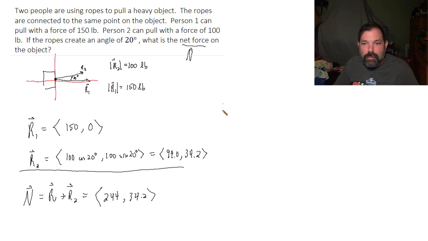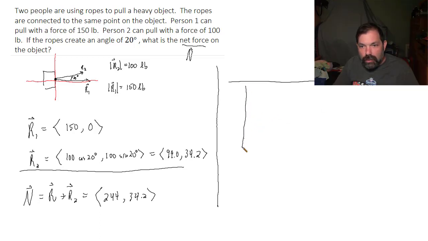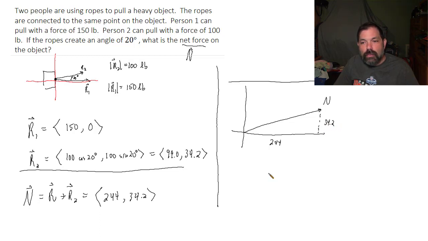Now what does it mean? All right, so I've built this net force, N, and it looks like this. Our net force is maybe something like this. There's the N vector, where the horizontal component is 244 and the vertical component is 34.2.